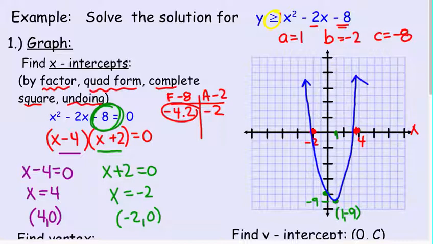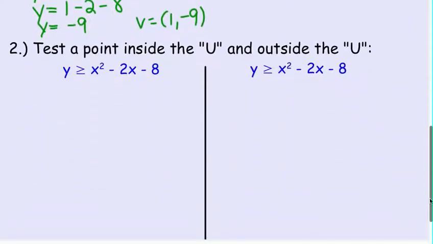So we've graphed the parabola, but we really haven't found the solution. So we want to pick a point inside, and we want to pick a point somewhere outside. I've already chosen those points below. Remember, you should always pause this video if we're going too fast.